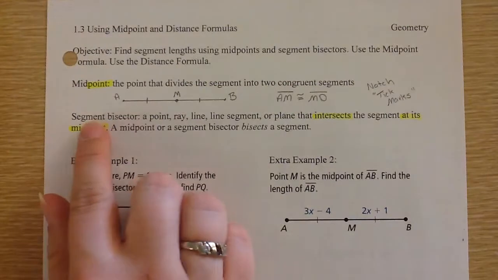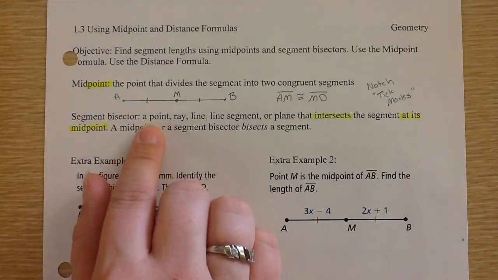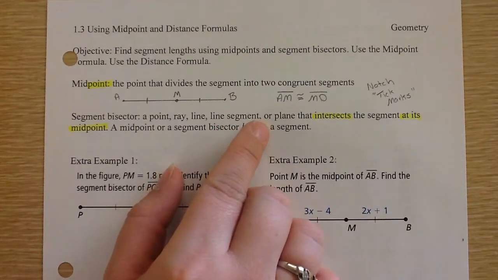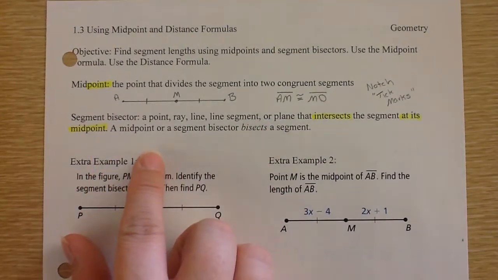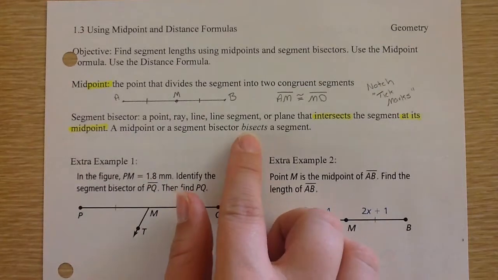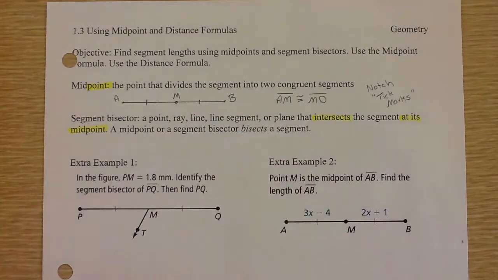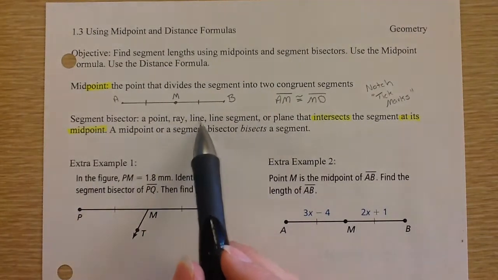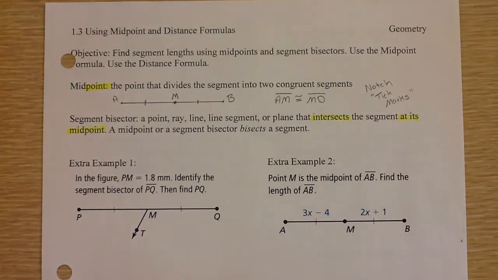So a segment bisector could be a point, a ray, a line segment, or a plane, and we say then that it bisects the segment. Bisector meaning it cuts it into two congruent pieces. So a segment bisector, again, could be a point, a ray, a line segment, anything that basically goes through the midpoint of a segment.